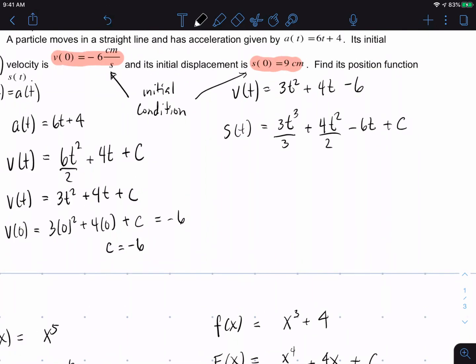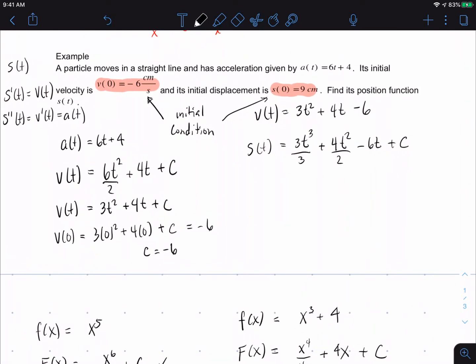Now, s of t is t cubed plus 2t squared minus 6t plus some constant c. But we have our other initial condition that tells us the position when time is 0 is 9 centimeters. Do you guys follow that? Yes.